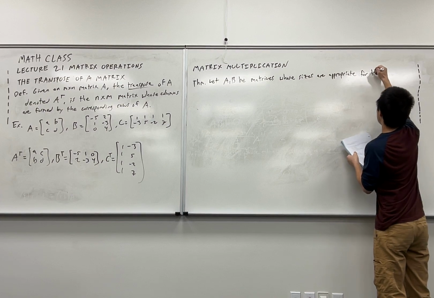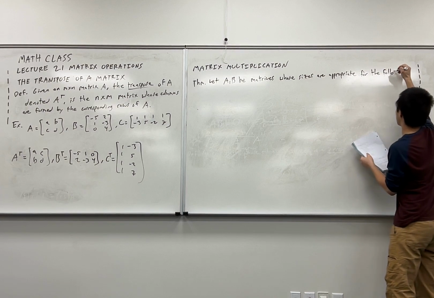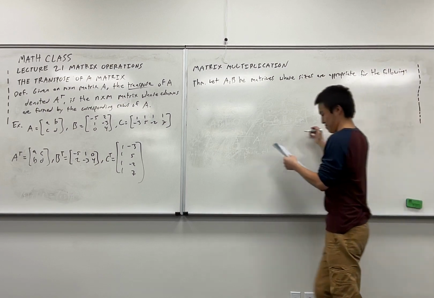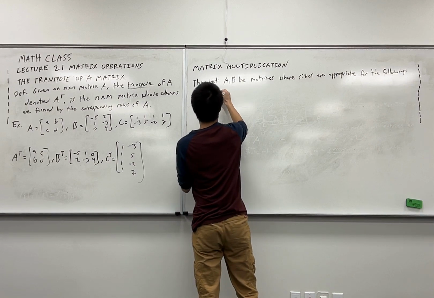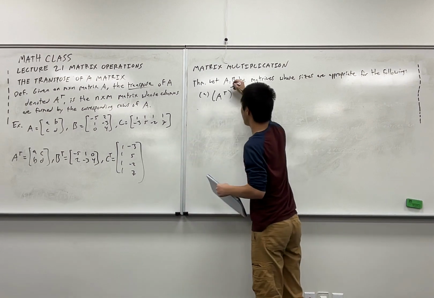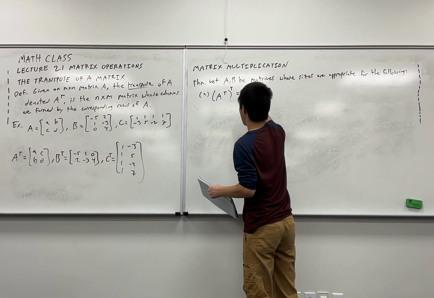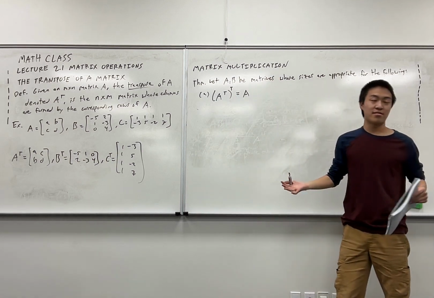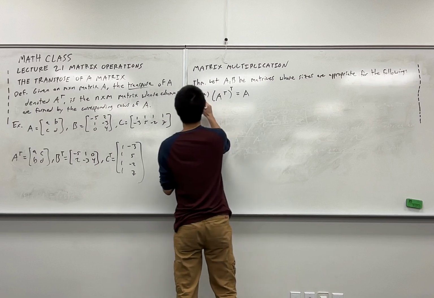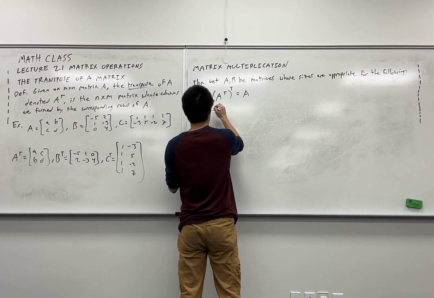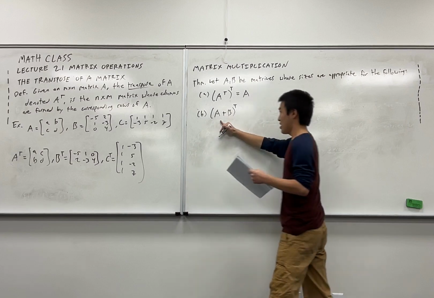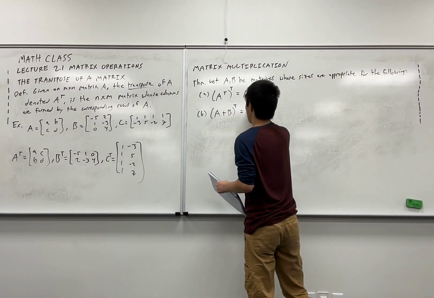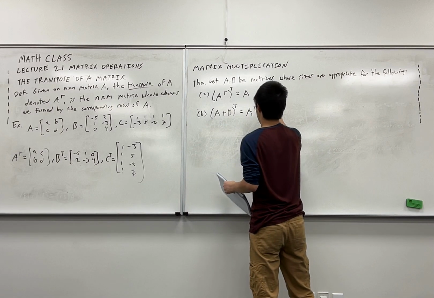Okay, for the following. First rule is if I take the transpose of a matrix and then take that transpose, I just get back to what I had to start. Okay. Second, if I have the sum of two matrices and then I transpose that sum, well then we can actually just do them one at a time if we wanted to.